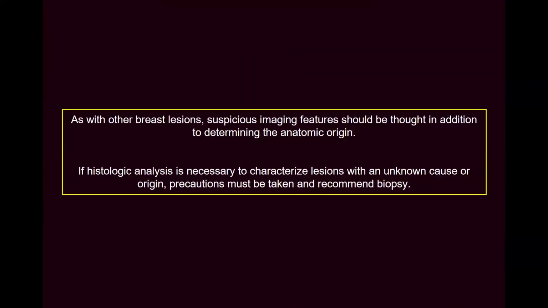As with other breast lesions, suspicious imaging features should be sought in addition to determining the anatomic origin. That means if we see a lesion involving mostly the dermis, but it is irregular, heterogeneous, indistinct, or microlobulated, we should not say that, since by location it is supposed to be a sebaceous cyst, that is it.